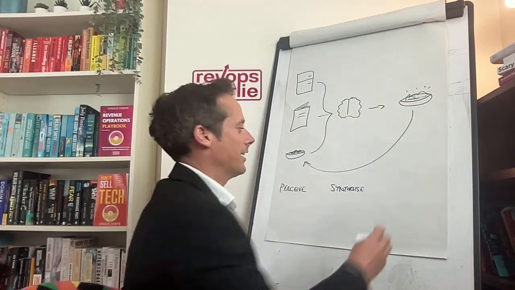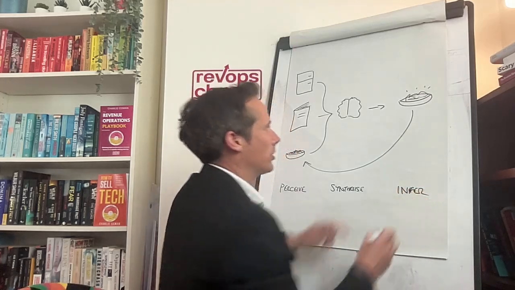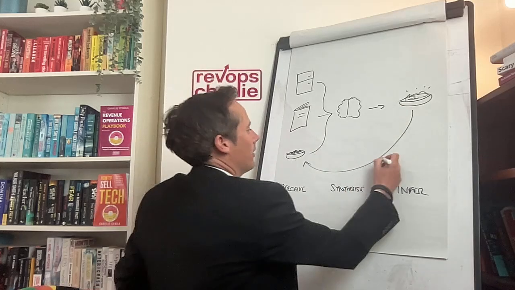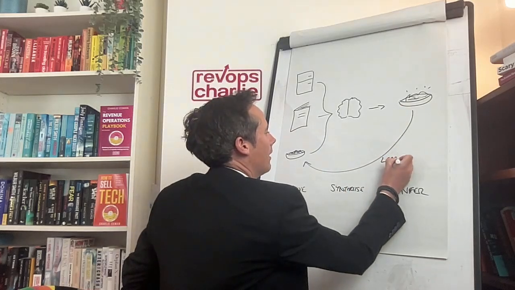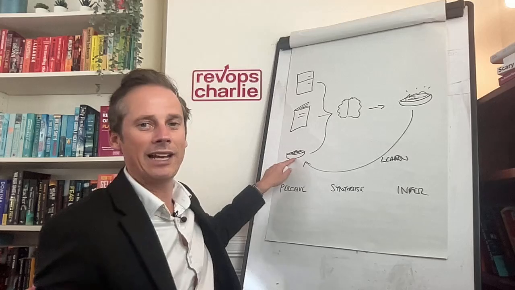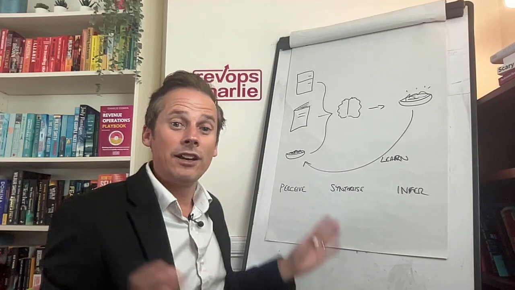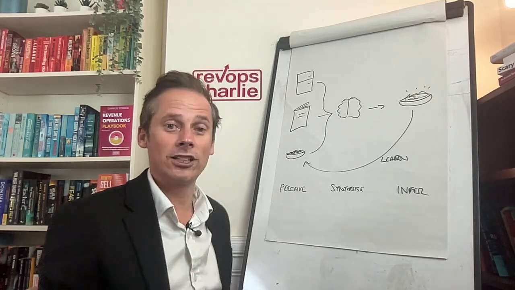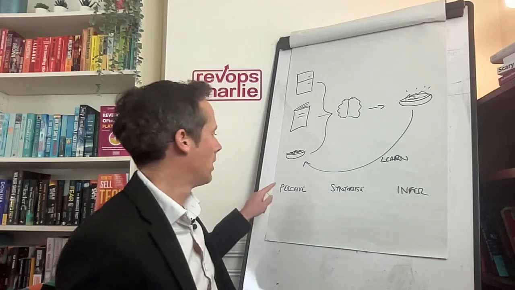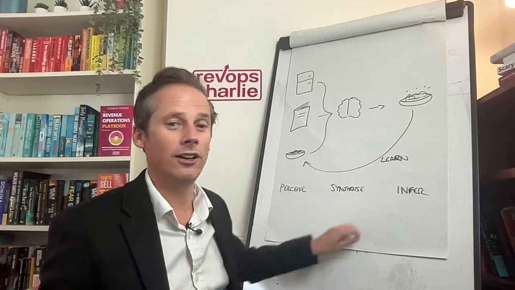The third thing we did was to infer what we should cook, and we decided to cook spaghetti bolognese. And then the fourth thing that happened was we learned, so that we feed that back into the start of the system for the next time we decide to cook. Those are the four key words you need to think about when you think about artificial intelligence: perceive, synthesize, infer, and then learn.